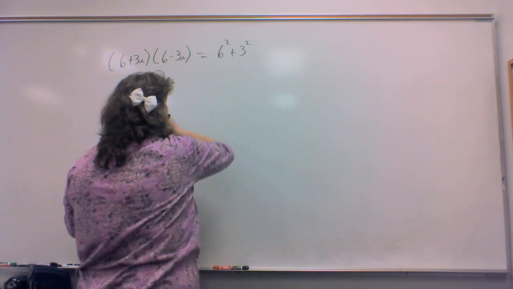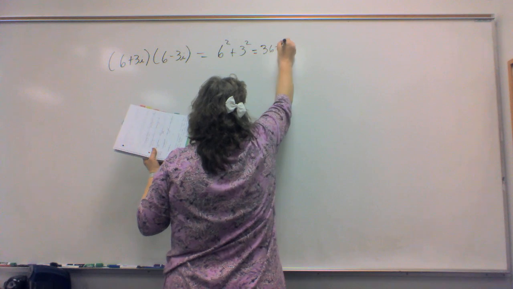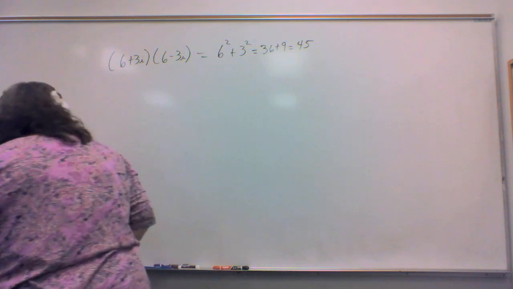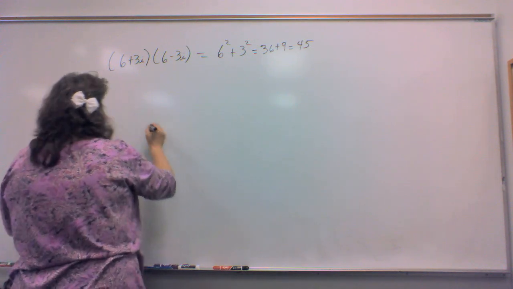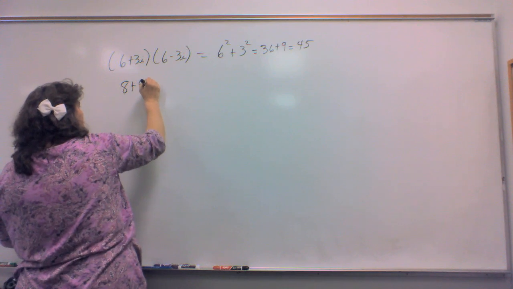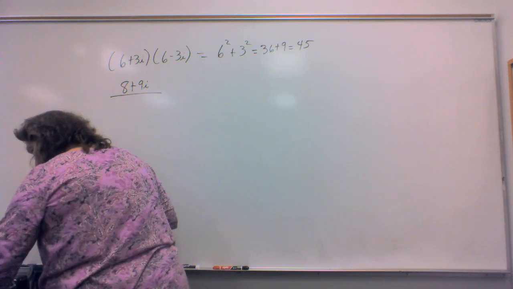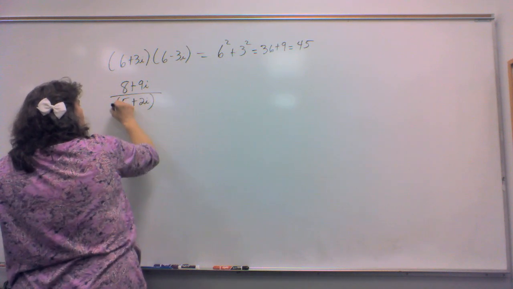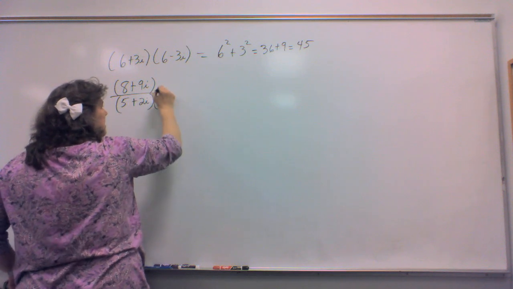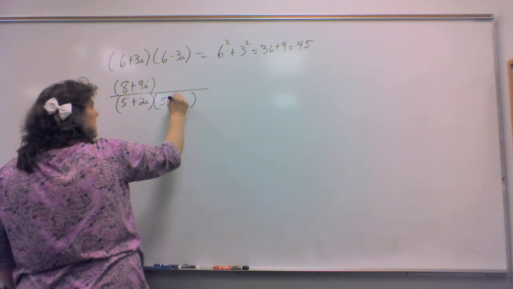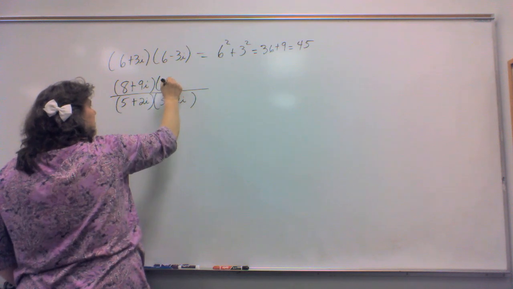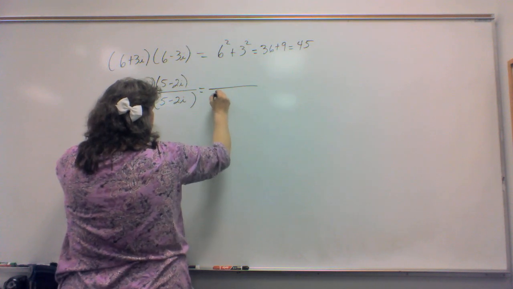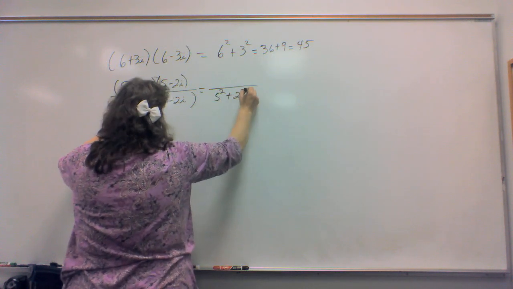3 is your b. So this is 36 plus 9, which equals 45. It makes it a lot easier to do these. So now let's look at 8 plus 9i over 5 plus 2i. Now you're going to have to multiply by the conjugate, which is 5 minus 2i, top and bottom. Your denominator is going to be 5 squared plus 2 squared.